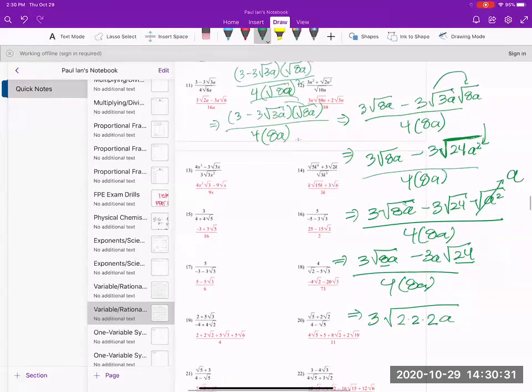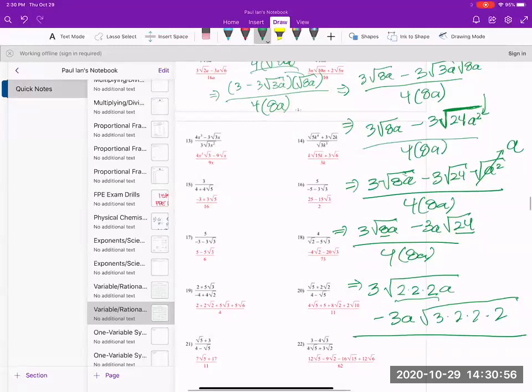Okay. And then what about this other guy? 24. How do you make 24? You have 3 times 8, right? But what is 8? I want to get 8 out of itself. So in terms of 2, 2. Same thing with this guy, right? 2 times 2 times 2, like that, right? Yeah. Okay. So there we're getting somewhere.